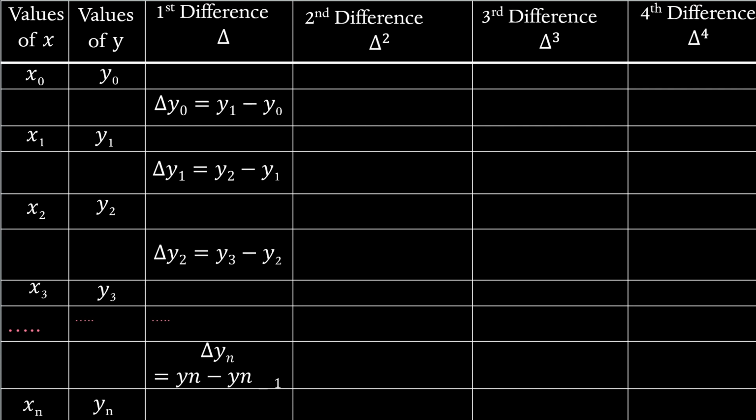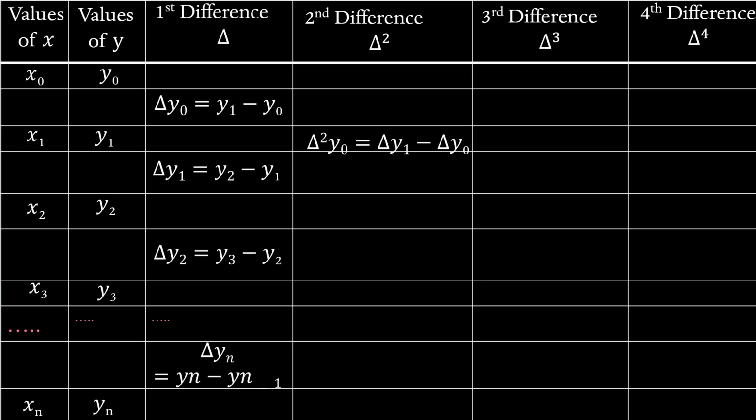And next column, that is delta square, the second difference. So delta square y0 is equal to delta y1 minus delta y0. That is, the second difference will be the differences of the first difference.